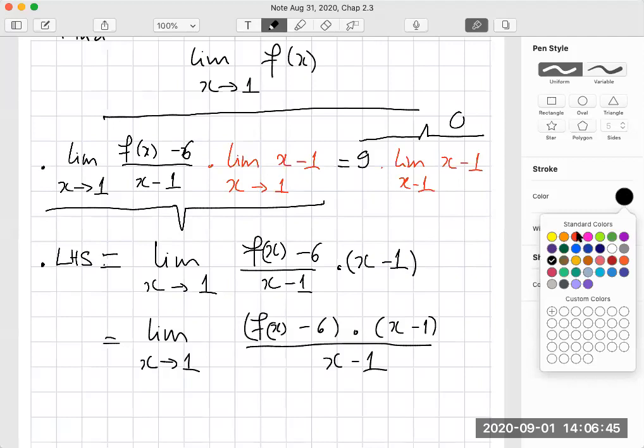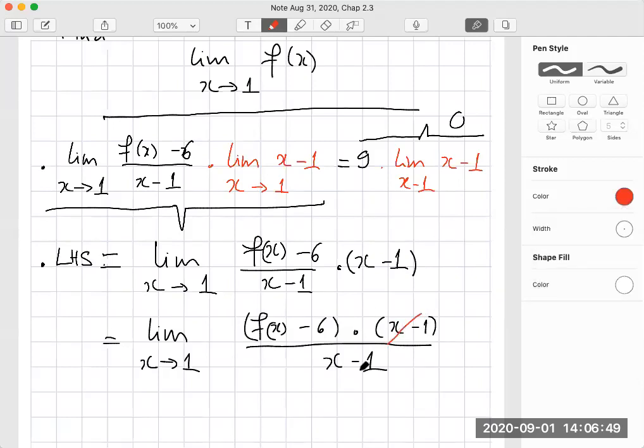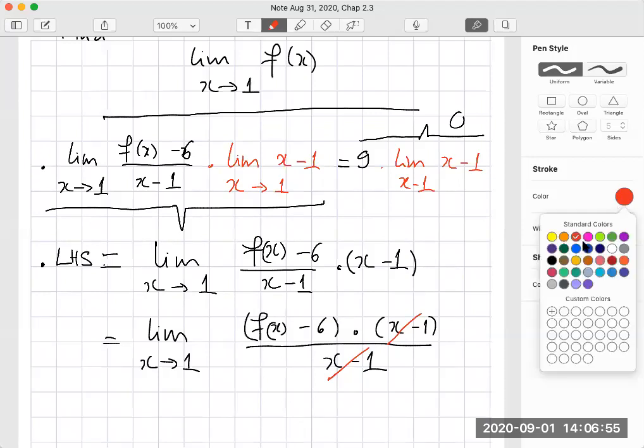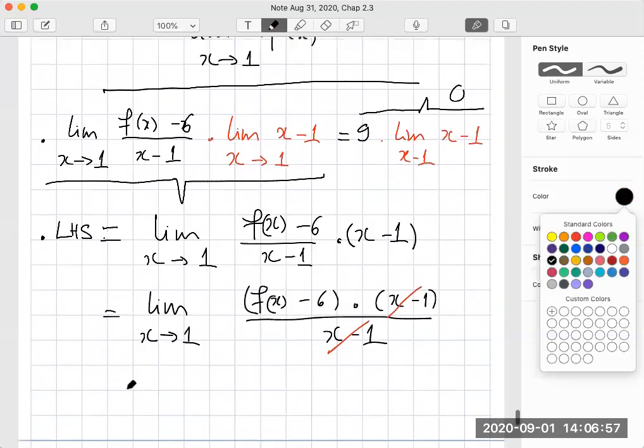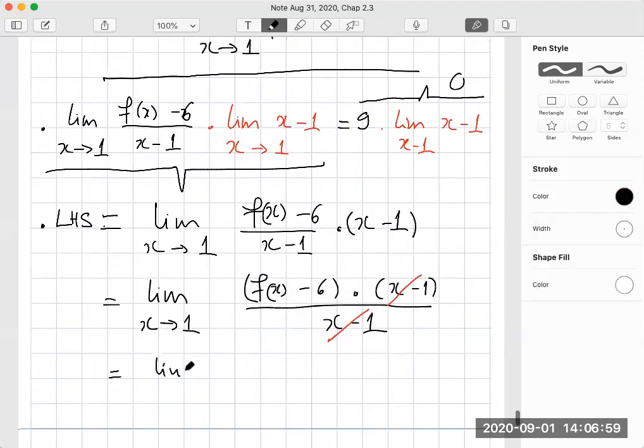The numerator has x minus 1, the denominator has x minus 1, so they cancel each other. It means the limit here becomes the limit when x approaches 1 of f of x minus 6, right? It makes sense from the product rule.